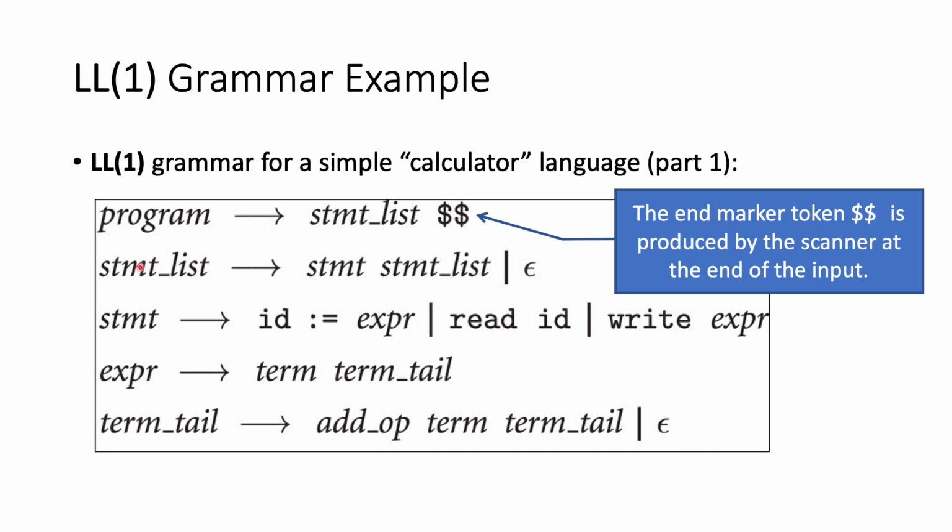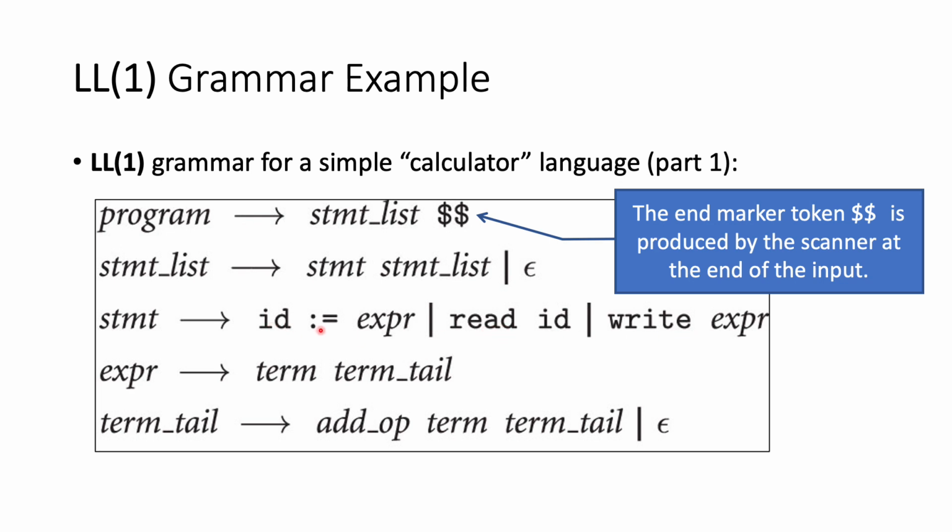The second rule means that a statement list is either a statement followed by a statement list or just an empty string. Recall that epsilon denotes an empty string. The third rule means that a statement is one of three forms.